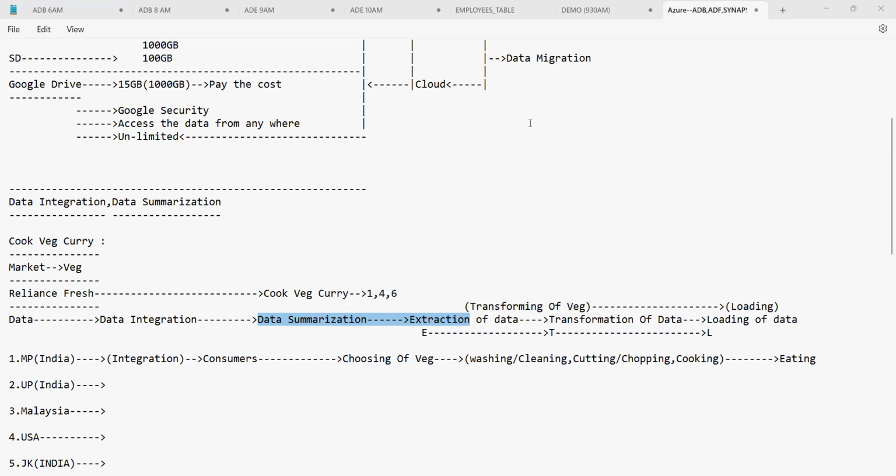So we can use SQL as well, right, in place of Python? Definitely, you can use SQL as well. In Databricks we can use SQL, PySpark, Python, Spark, Scala. All these are languages you can use, but mostly we are using PySpark.